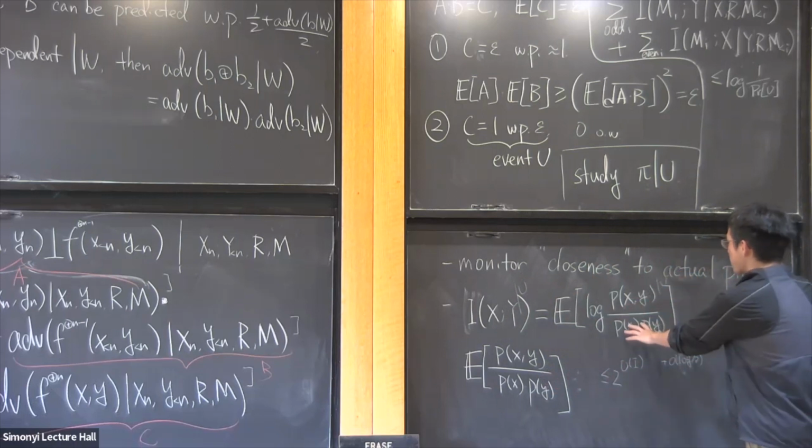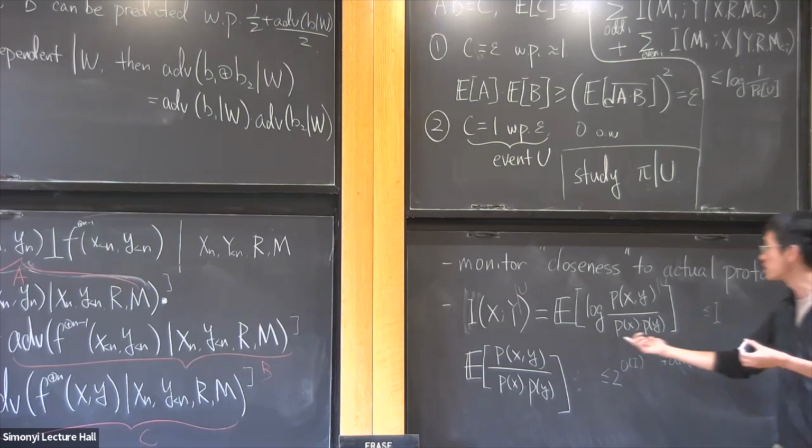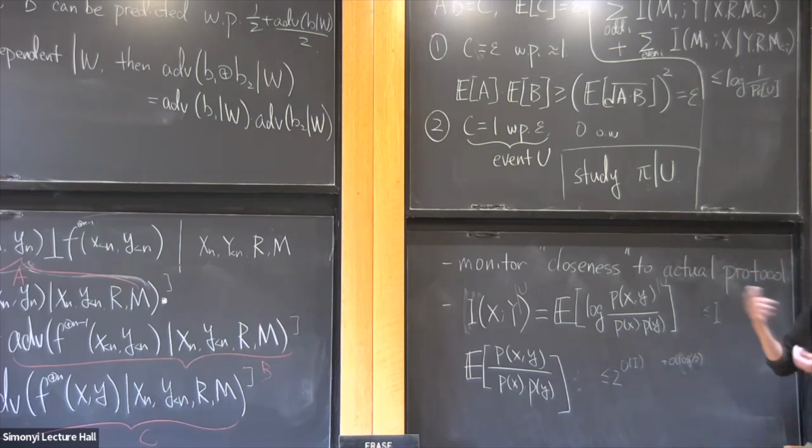This will also affect the probabilities. So in principle, this expectation or the mutual information can increase a lot if we condition on a small probability event, just because for the quantity inside the expectation, we don't have any concentration guarantees.